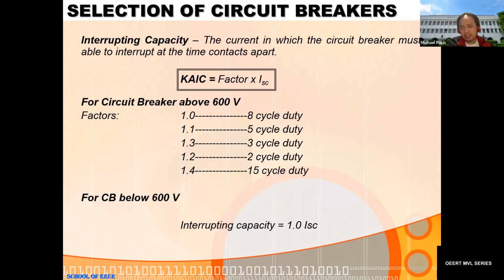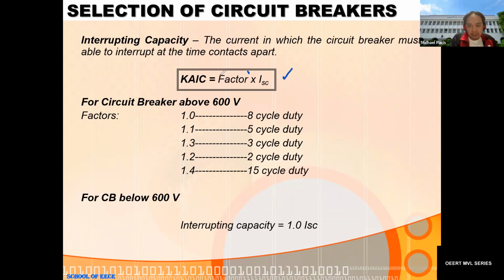Okay, now the others. If you want to get the specification of your circuit breaker, if you want to get the interrupting capacity and the momentary rating of your circuit breaker, you can use the formula factor times ISC. Ayan.